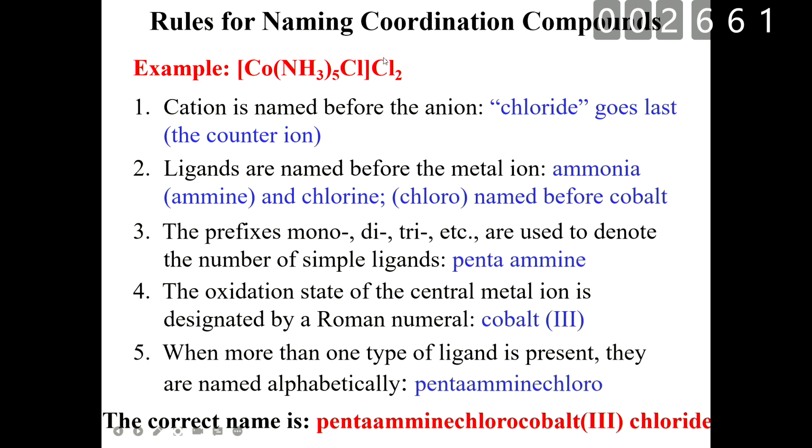Another is the anion. So the metal complex can have a plus charge or a minus charge. For example, in this case, the complex has a plus charge, right? Because the outside is an anion.